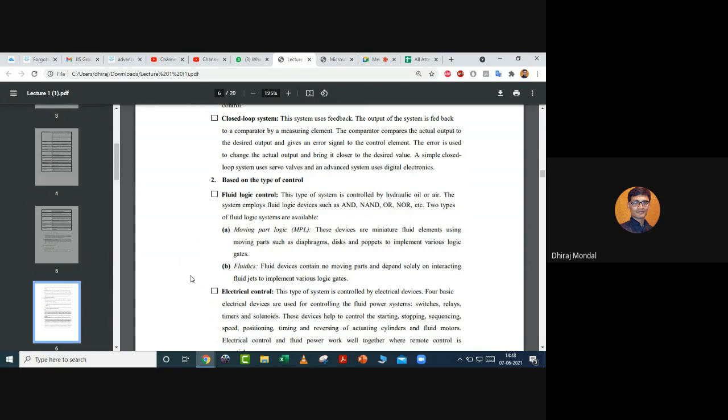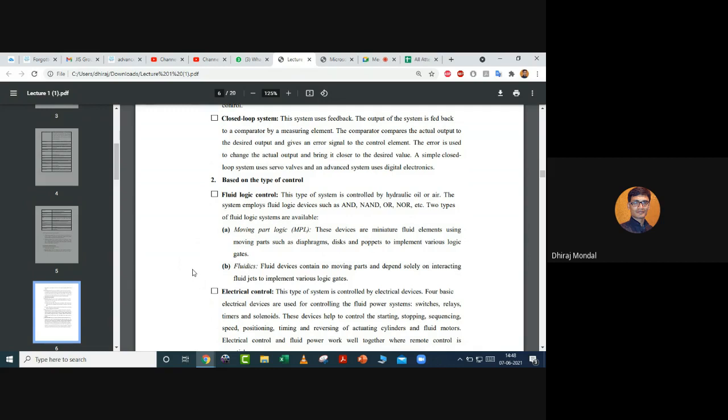The error is used to change the actual output and bring it closer to the desired value. A simple closed loop system uses servo valves, and an advanced system uses digital electronics.